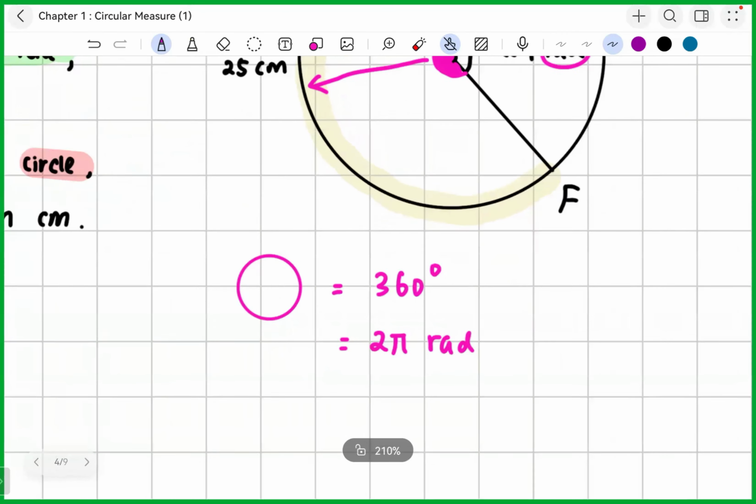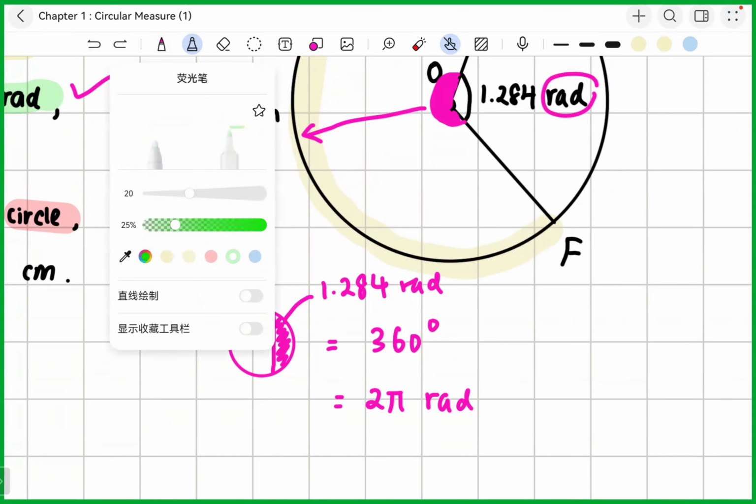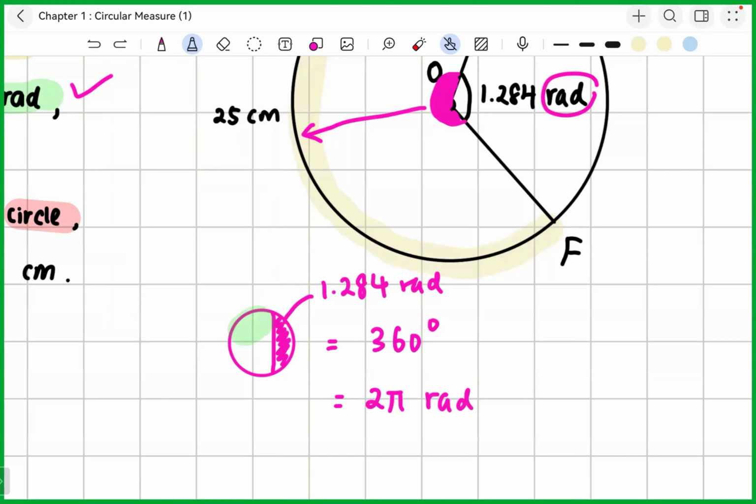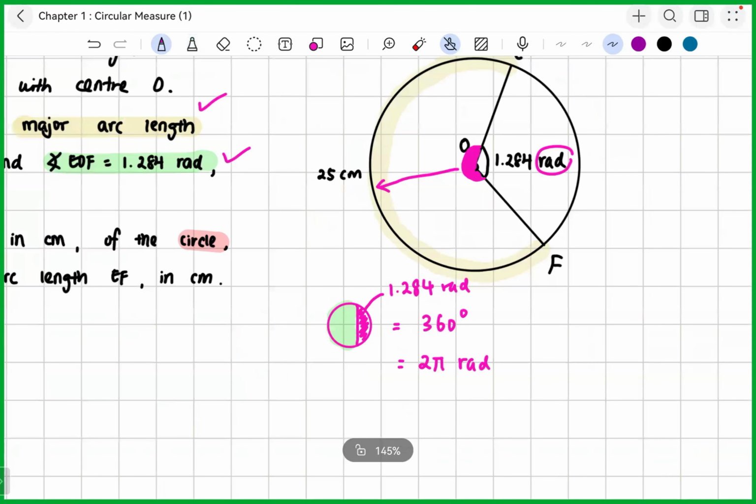Now we know that in this complete angle, one of the angles is equal to 1.284 rad. How about the remaining angle? How can you find it? You just use 2 pi minus 1.284. Okay, you've just done this section.